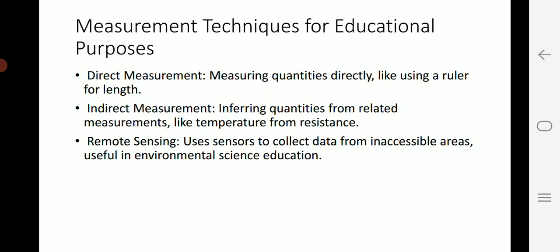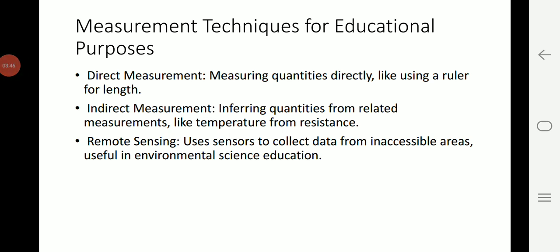Measurement techniques for educational purpose: direct measurement, indirect measurement, and remote sensing. There are three types of measurements. Let me discuss one by one. The first one, direct measurement: measuring quantities directly, like using a ruler for length.